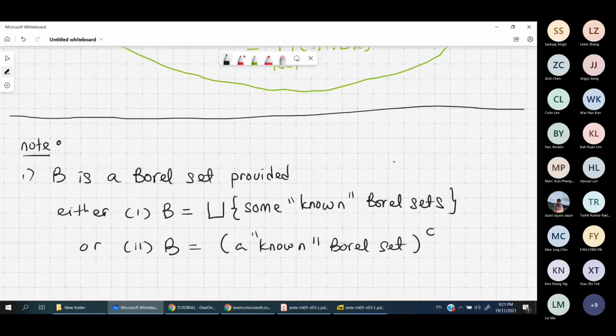First of all, we cannot start from nothing, we begin with something we know. If B can be expressed as a union of some known Borel sets, it is a Borel set. Or if B is the complement of a known Borel set, it is a Borel set. Got it? This is the principle that we can use.